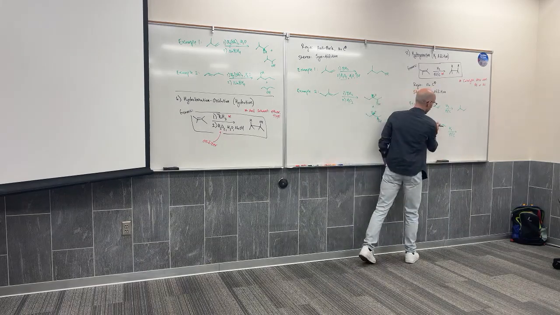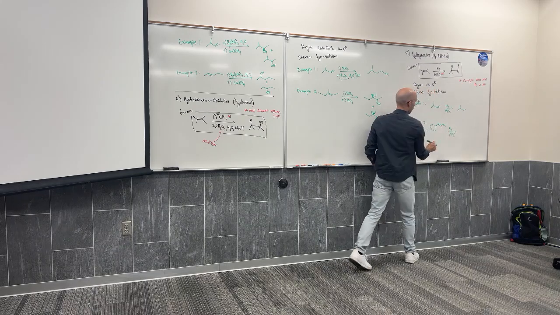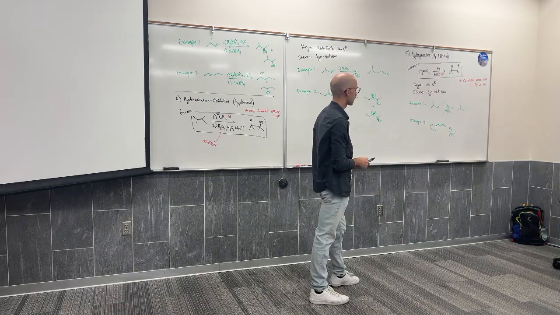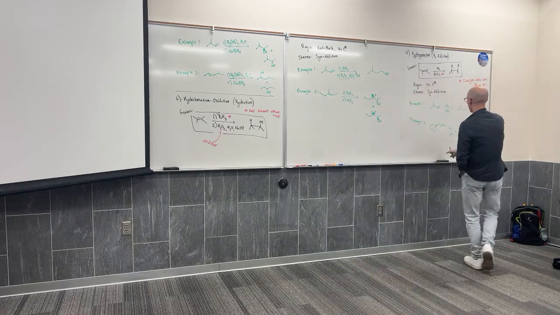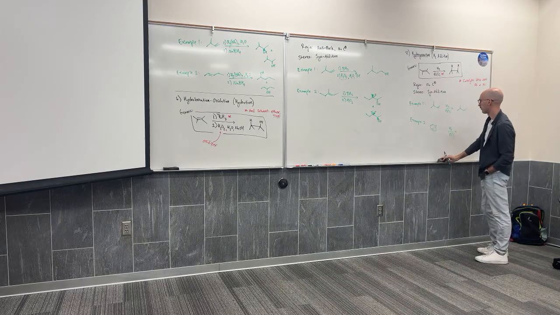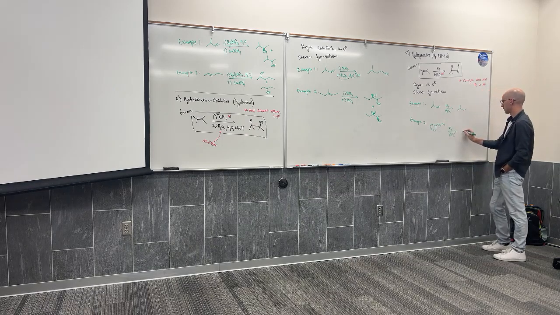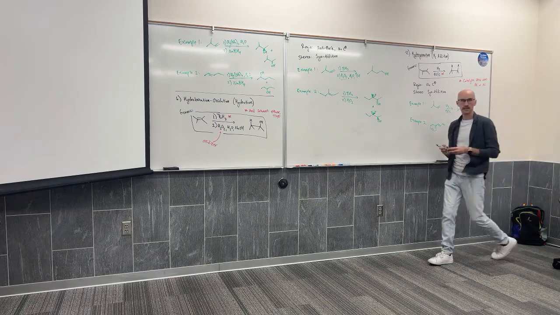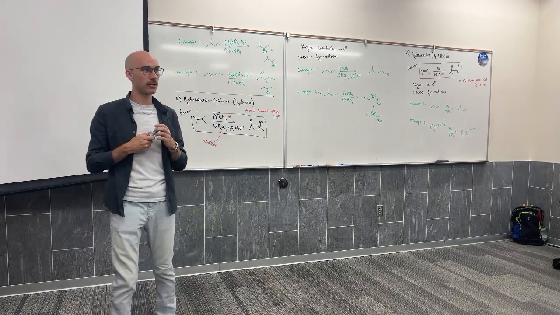It's kind of an ugly alkene right here. That's a diene coming off of an aromatic ring. The aromatic ring is going to stay the same, but the diene is reduced to an alkane.